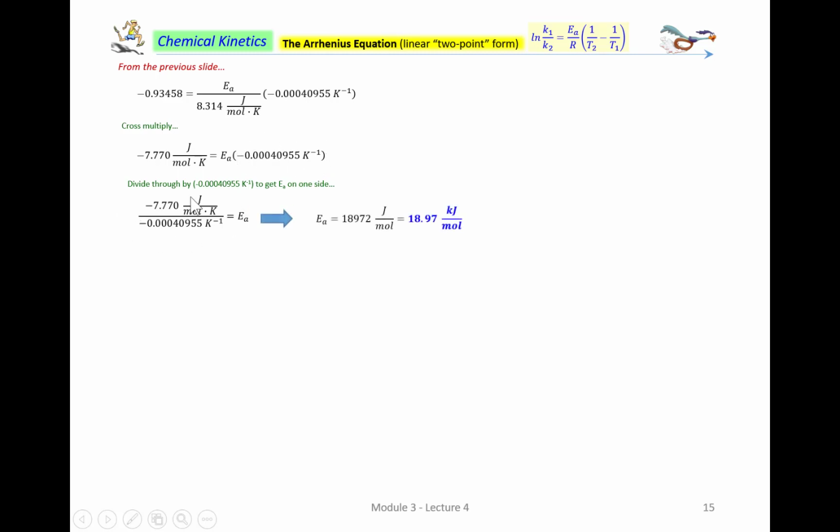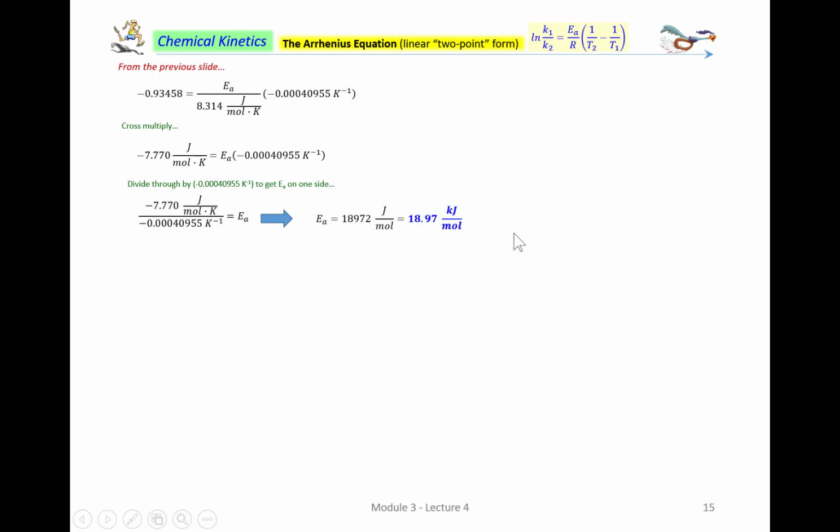So there it is. What I did here was cross multiply 8.314 joules per mole per K by this number over here. So we end up with minus 7.770 joules per mole per K equals what was left on the other side. I'll divide both sides by this term, and working this out, we get an activation energy equal to 18.97 kilojoules per mole.